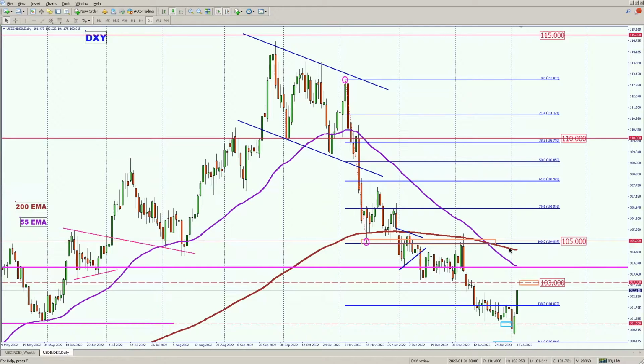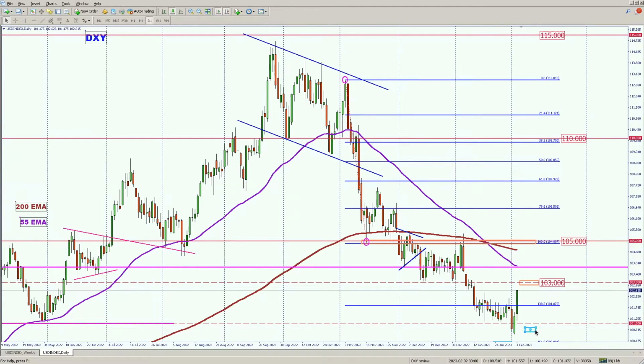If it can, then it's going to climb up towards the previous swing low here, close to the 105 region. That's going to be a critical resistance zone here, at the 105.